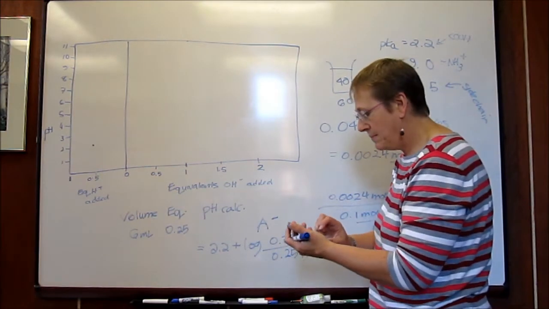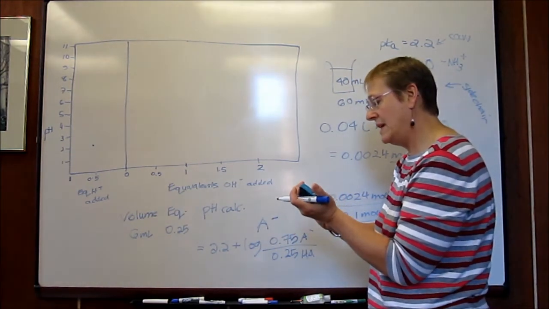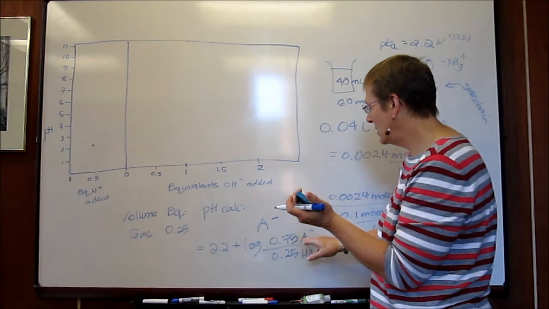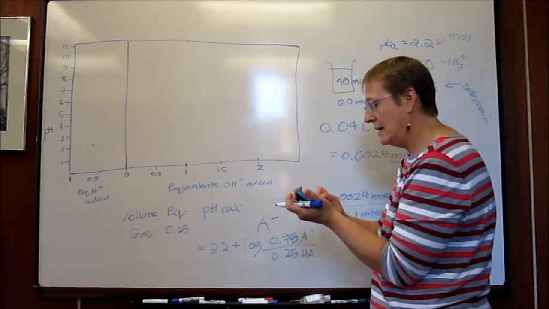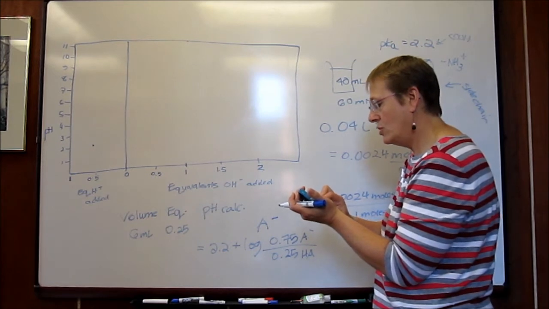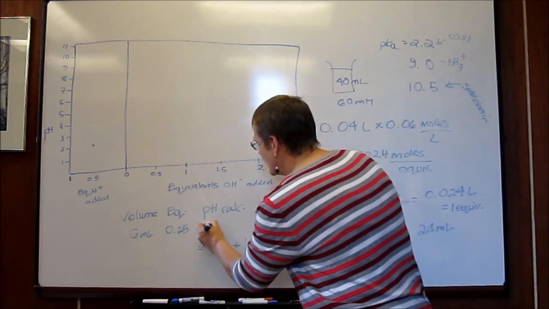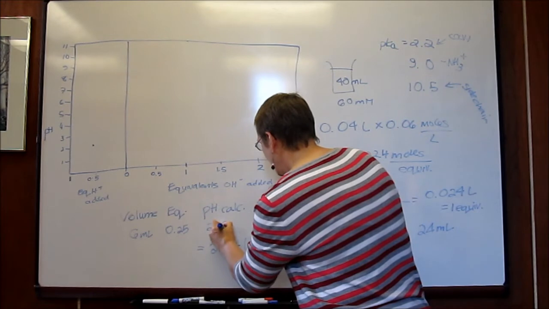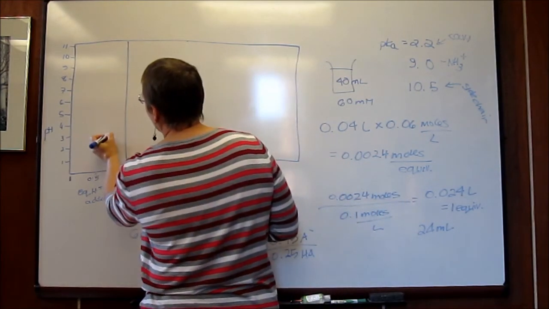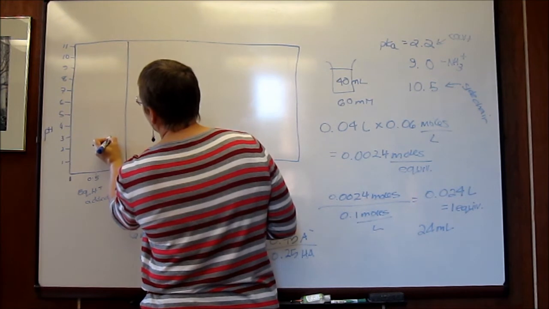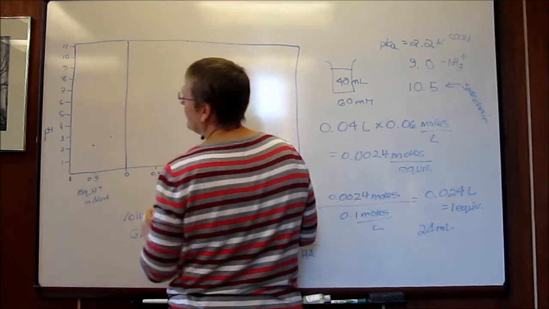We can calculate the pH by simply taking the log of this ratio, which is 3, and adding 2.2 to it. In this case, that gives us a calculated pH of 2.68. So I would plot that in here as 2.68 and fill in a number of points there.